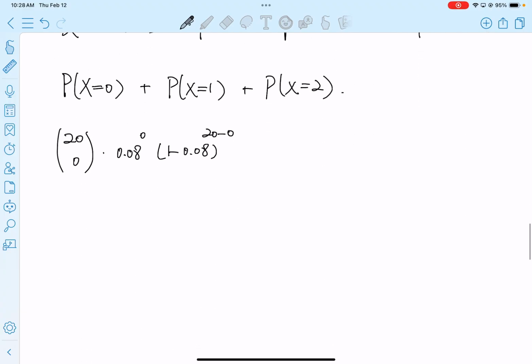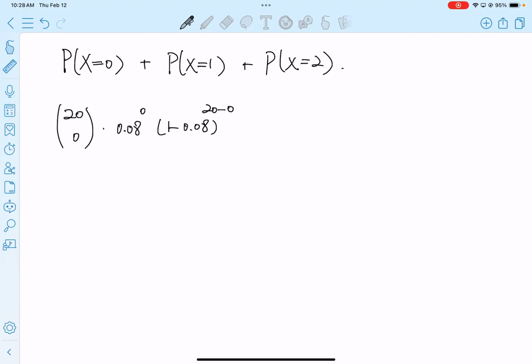So we also need the second term, the X equal to 1 probability, and the X equal to 2 probability. Again, using the probability mass function, we have 20 chips and we need one of them to be defective. 0.08 is the probability that 1 chip is defective.